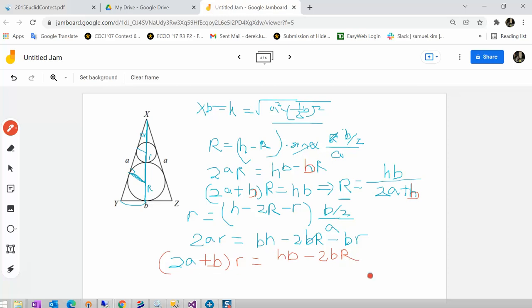Now this one is the end. So here, if we divide by this one or do something, we can easily here, right? So we have the hb, merge here to use this one.